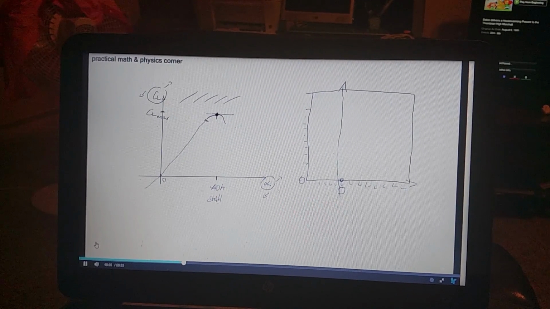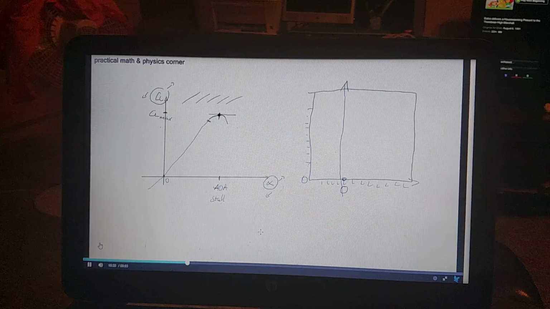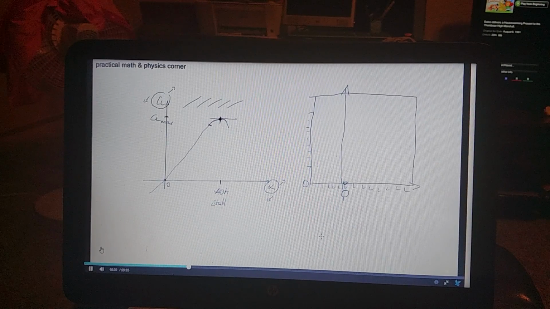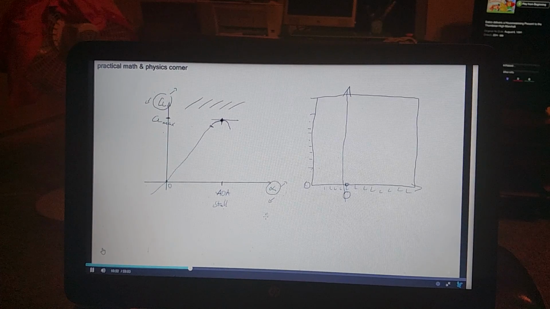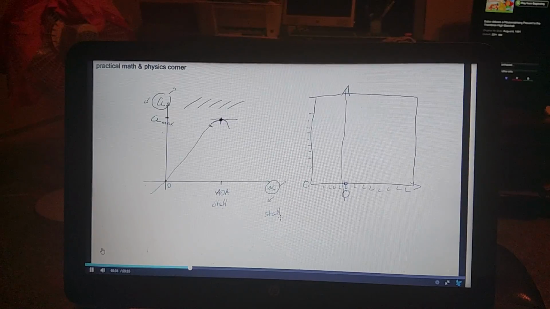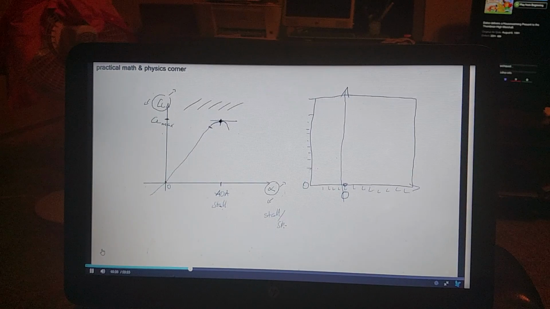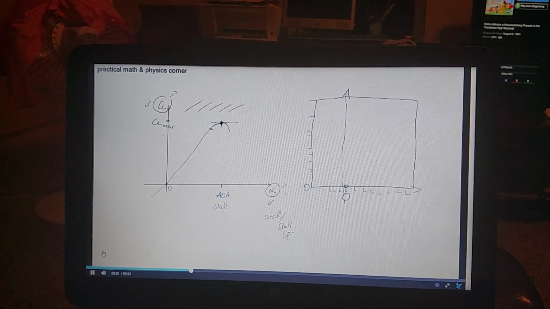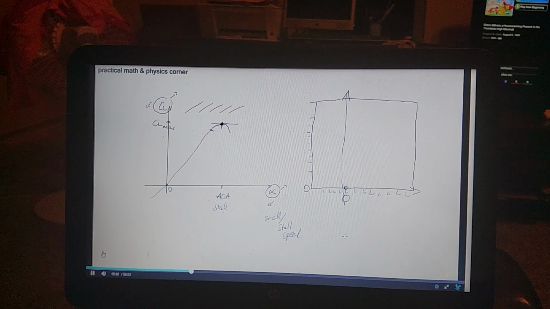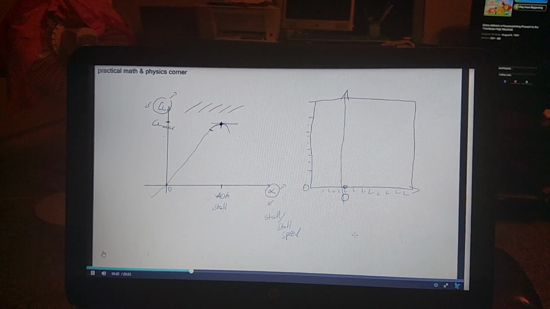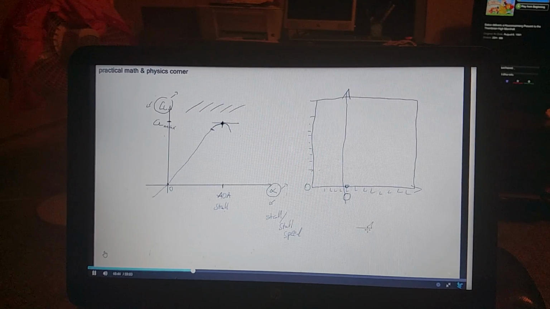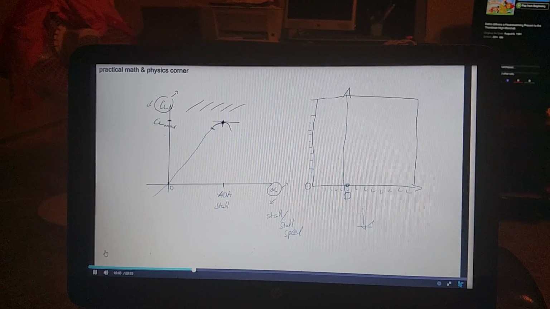To explain that real quick, as a side note, when we talk about stall and stall speed, we want to fly the aircraft as slow as possible. So in equilibrium flight, our weight has to be offset by the lift.